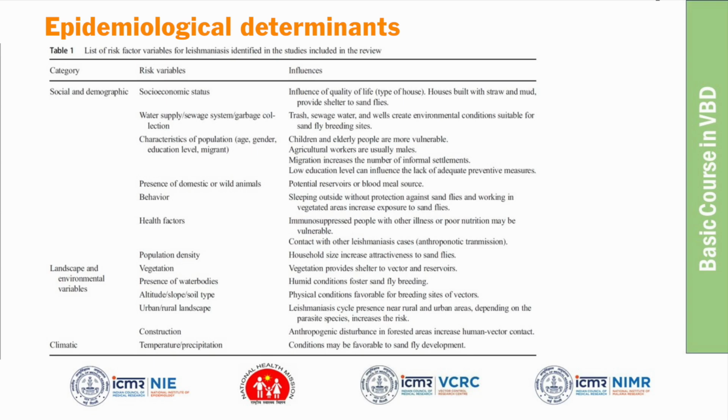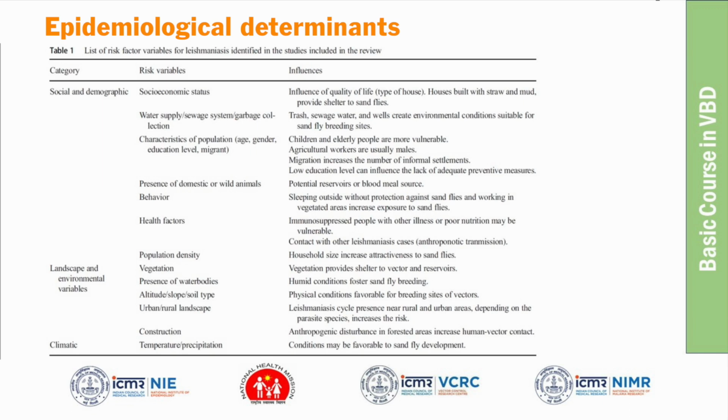If you look at the landscape and environmental variables, they include population density, vegetation, presence of water bodies, altitude, slopes, soil type, urban and rural landscape, and construction activities. These also contribute greatly to sandfly population dynamics, and therefore contribute secondly to both CL and VL cases.